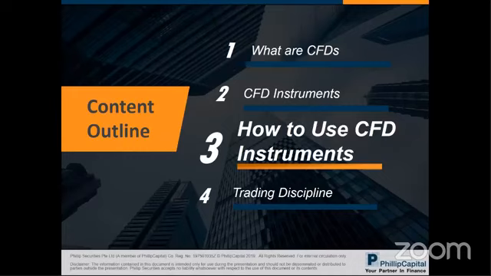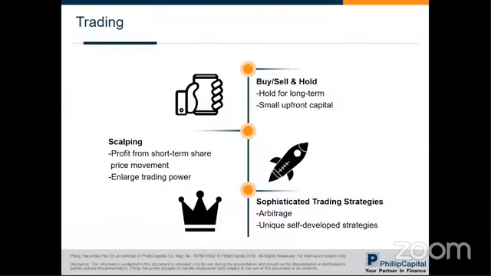Let's move to the next part, how to use CFD instruments. As you all know, CFD is very flexible. We offer multiple contracts, and you can do short selling and a lot of things with CFD. So now let's check out what we can do with CFD. First of all, of course, it's trading, or maybe you want to use CFD for investment, which is also good.